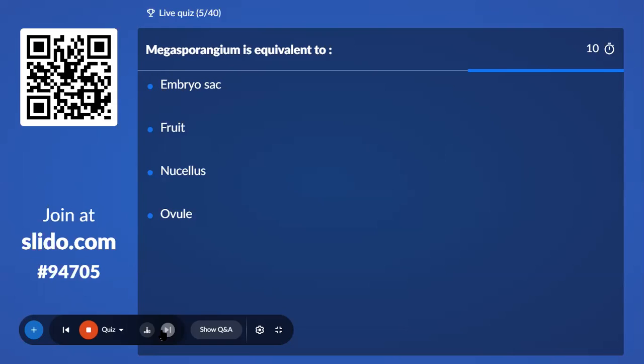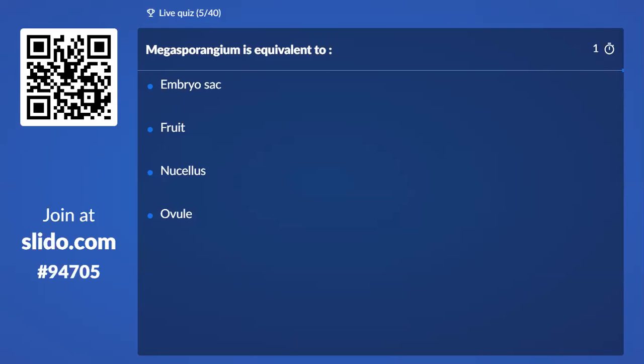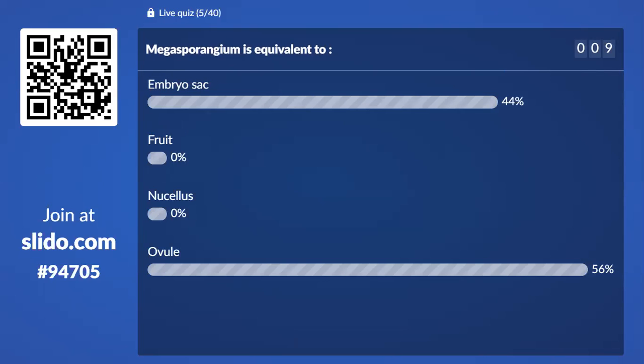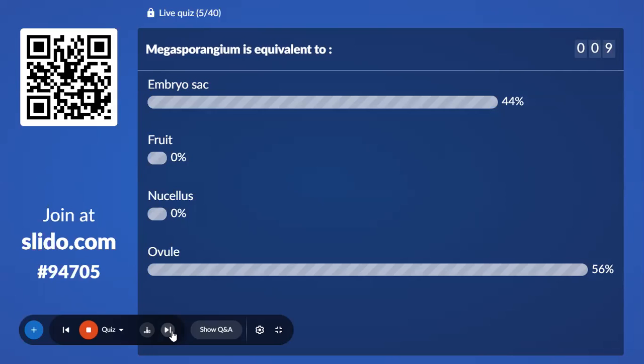I want only one answer for this question, since this question was repeated in AIPMT 2015 also. 56% with the ovule and 44% with embryo sac. The correct answer for this question is ovule. You have the very first leaderboard on the screen, the first 5 toppers of our quiz.